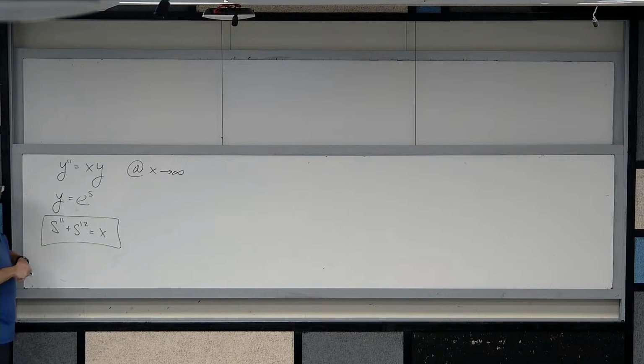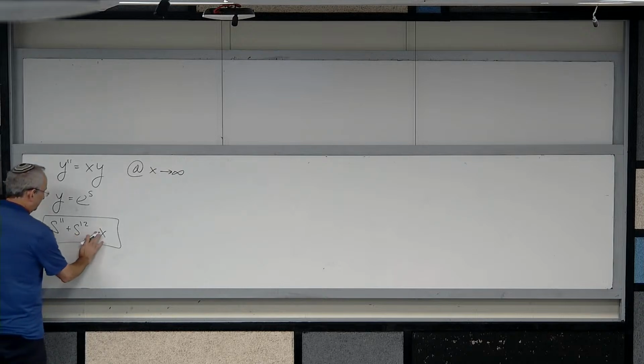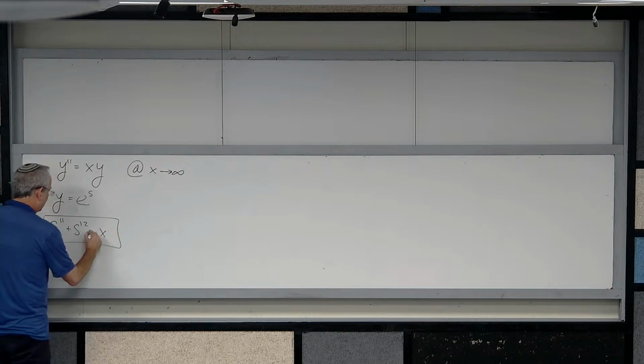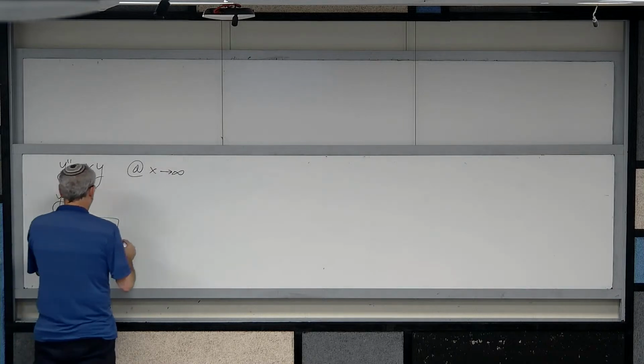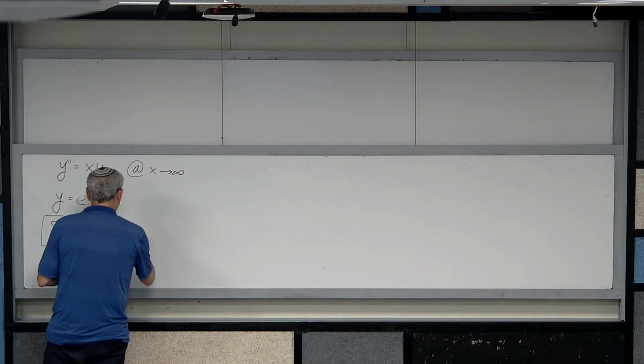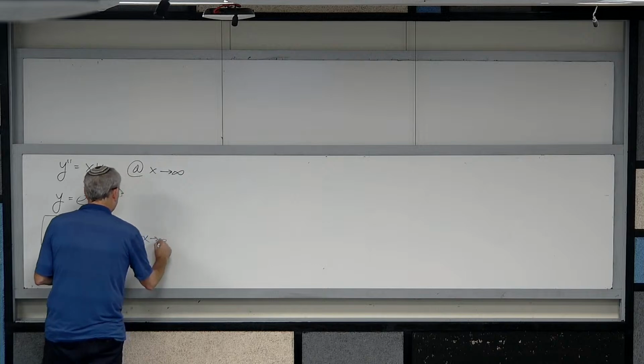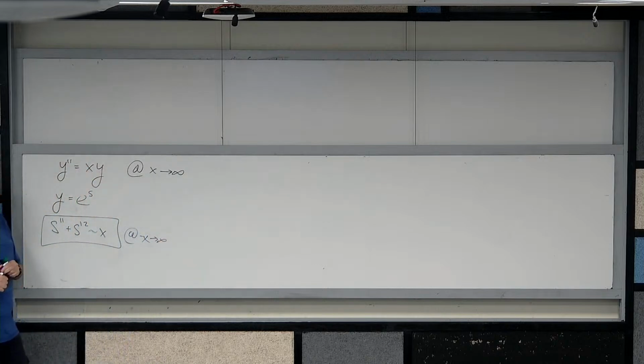Still, we can make a lot of progress if we replace it by the asymptotic sign, meaning that we want S double prime plus S prime squared to be asymptotic to x as x goes to infinity. This is the definition of the problem.